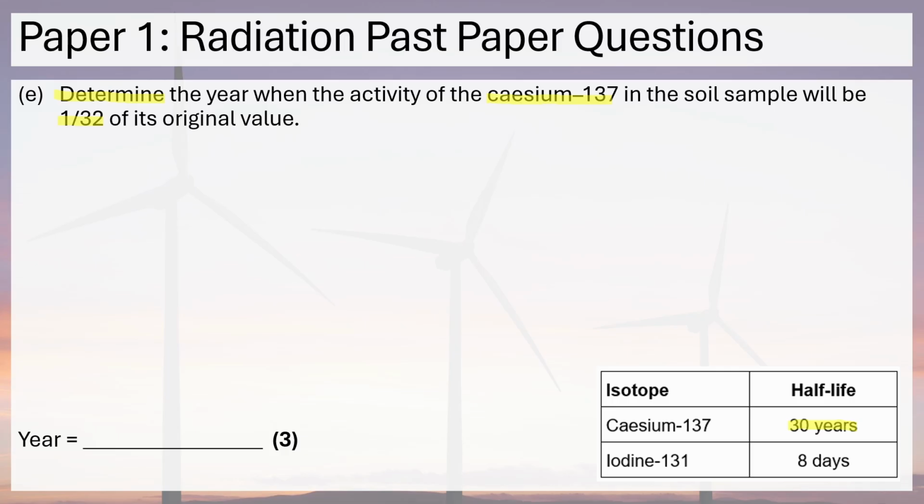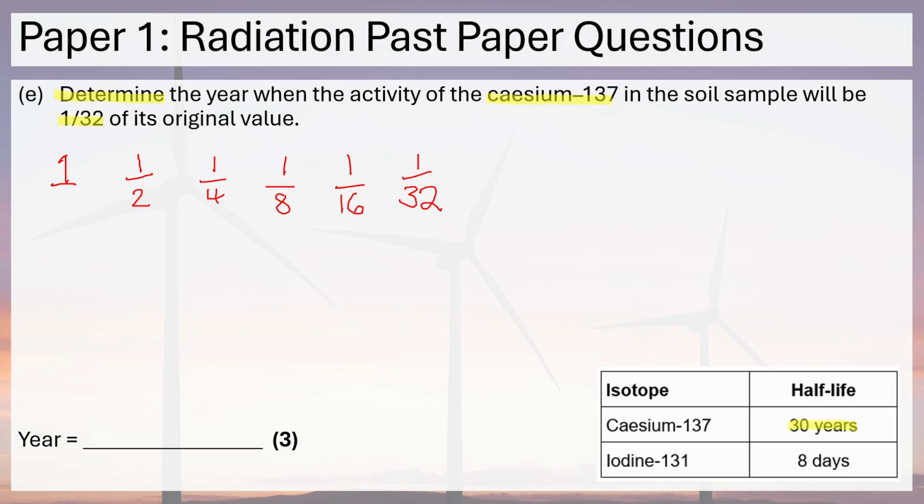So let's start off with, when we start, we've got 1 or 100%, if you like, of our activity. And then after each half-life, it will halve, then the activity will halve again. So I've got a quarter left. It will halve again. So I've got an eighth left. It will halve again, so I've got a 16th left, and it will halve again, so I've got a 1/32 left.